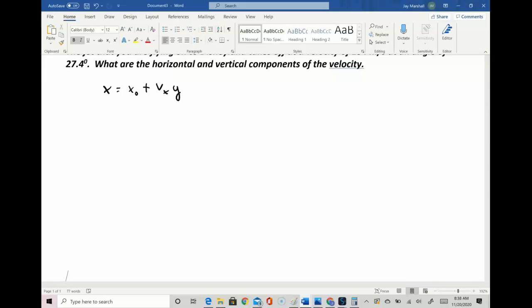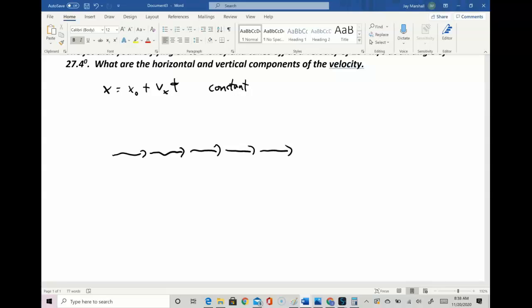We remember that motion in the x direction is constant. Okay, it does not change. Its velocity is the same throughout the entire flight.